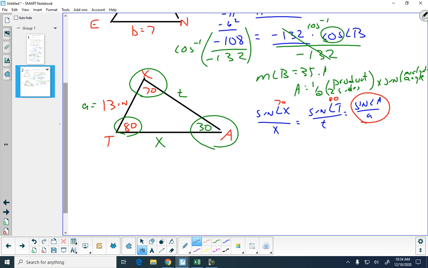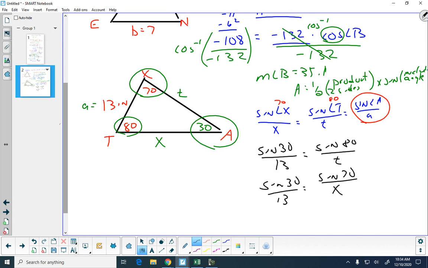So we have sine of 30 over 13 is equal to sine of 80 over t, or sine of 30 over 13 is equal to sine of 70 over little x. So you utilize your law of sines and find either t or x.